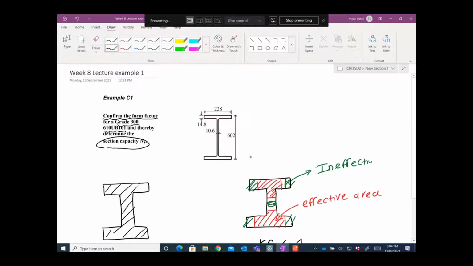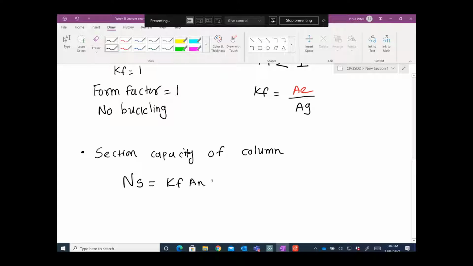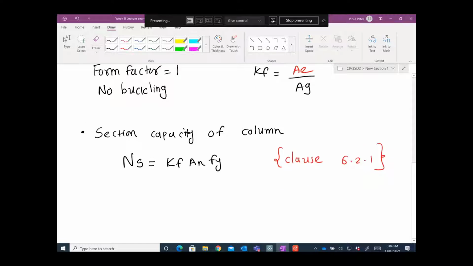So let me write it down. Section capacity of columns is represented by Ns equal to Kf An Fy, and this one is coming from clause 6.2.1. So we're going to find this out.